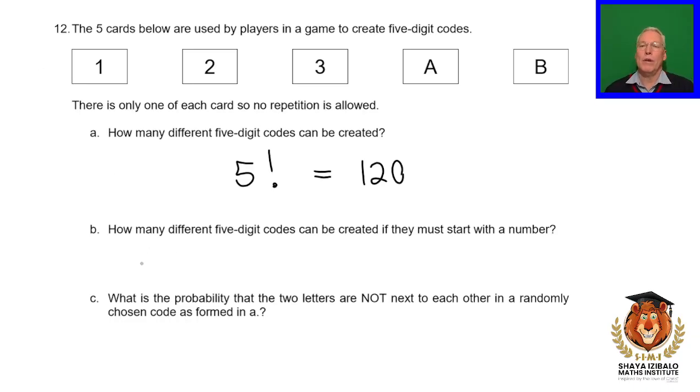Well, now we've got a choice of 3 here, and then the other 4 things can just be arranged, so it'll be 3 times 4 factorial. So 3 times 24, it'll actually be 72.